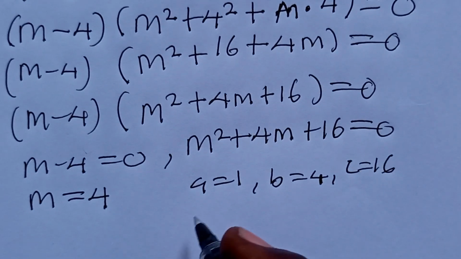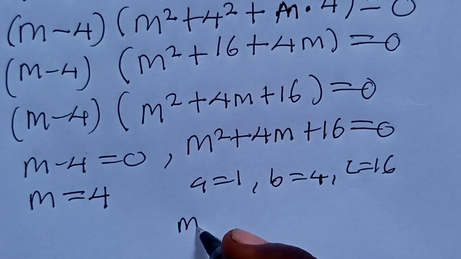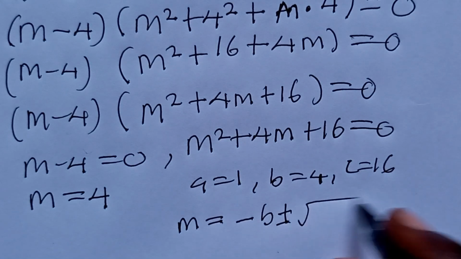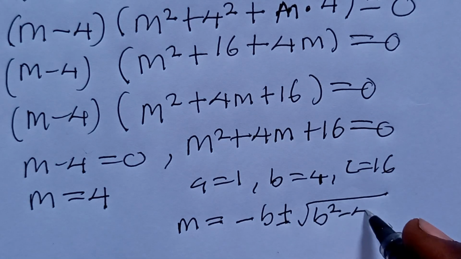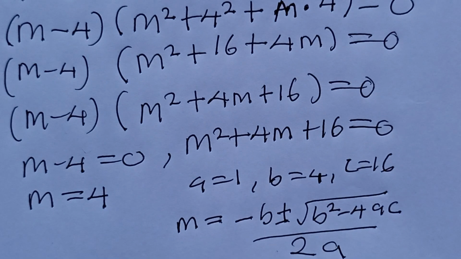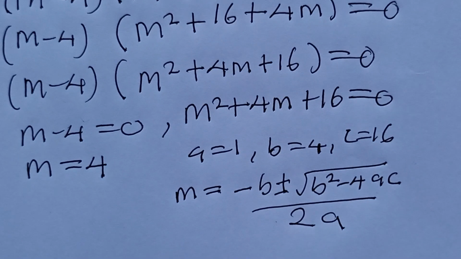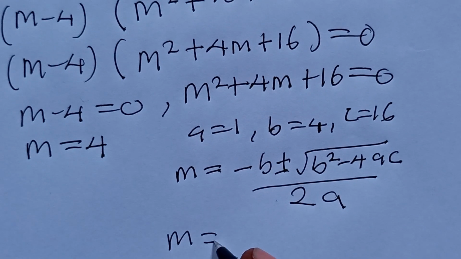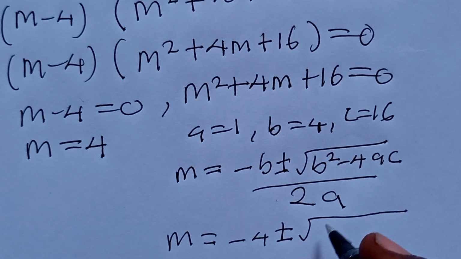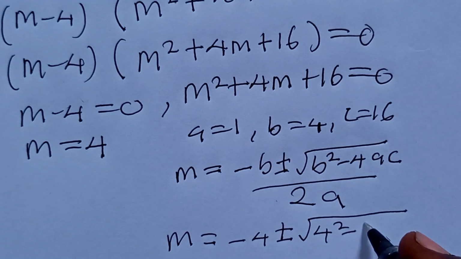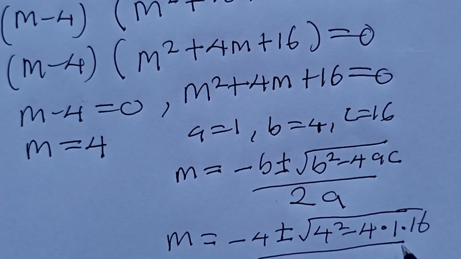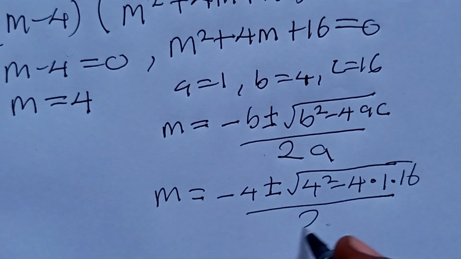So since we have this, let's use the quadratic formula. m is going to be equal to minus b plus or minus the square root of b squared minus 4ac, all divided by 2a. And this, we are going to have m as minus 4 plus or minus the square root of 4 squared minus 4 times 1 times 16, all divided by 2.